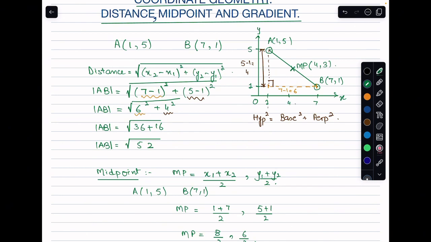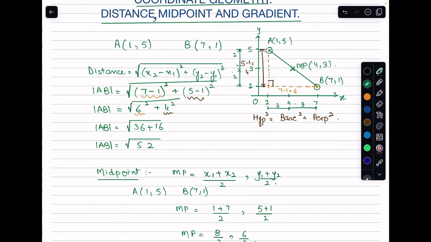Now it's also very much obvious that for 1 and 7, if I'm saying that my x coordinate is a 4, then the distance from 1 to 4 is 3 units and the distance from 4 to 7 is also 3 units, giving me the x midpoint coordinate. And in the same manner, if I say that my midpoint along the y-axis is a 3, then I can see that from 1 till 3 the interval is 2 units and from 5 till 3 the interval is also 2 units, giving us the justified midpoint along the y-axis.